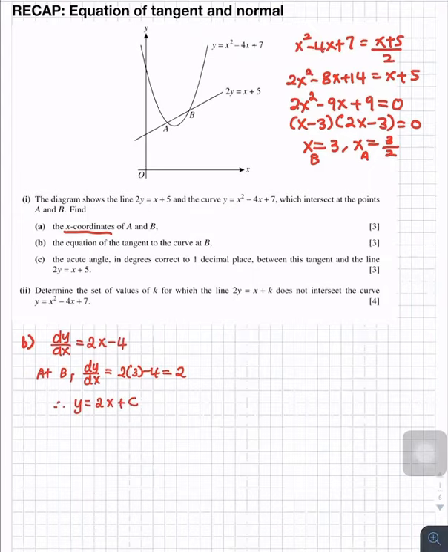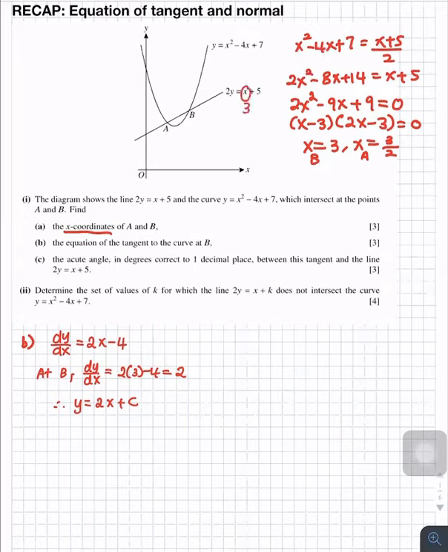I know the x. Isabel, how to find the y value to substitute? The x is 3. Where will you substitute the 3? Is it the line or the curve? The line. Very good, because it's much easier. If you want to put in the curve, can, but it's a little longer. So what is your y value, girl?